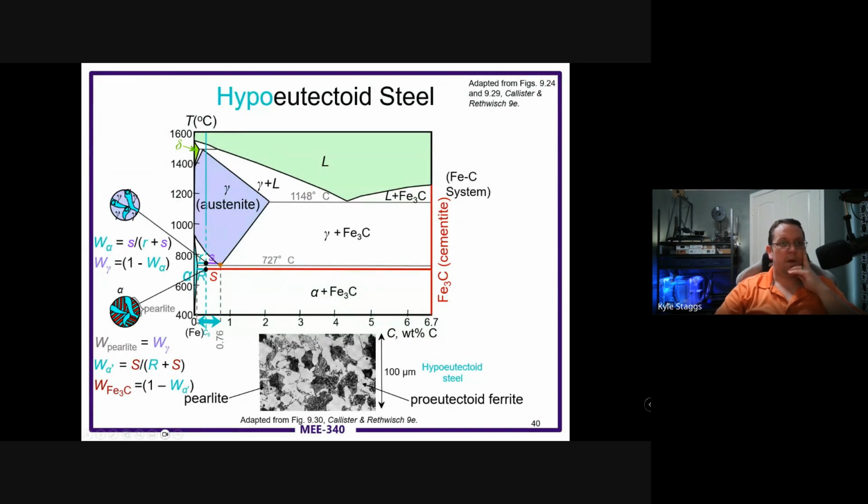So when you're trying to figure out the weight fraction of carbide, you just need the weight fraction of alpha prime, because whatever's left in gamma after the alpha is taken out, that's what will become perlite, and this is how we determine it. So there's a couple steps in the lever rule. Does it make sense to you guys why this has to be this way?